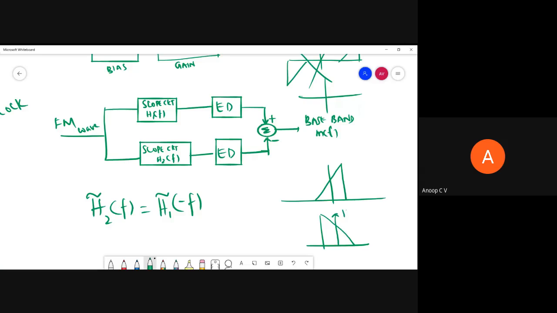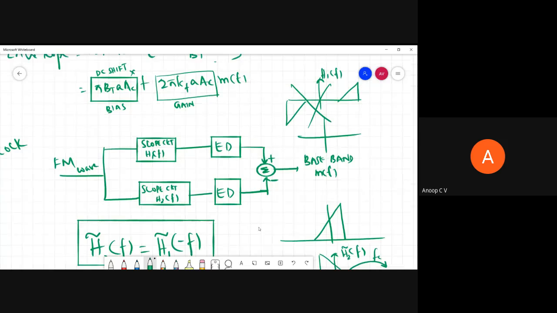So this will be H2 tilde of f. In order to get H2 of f, you should shift it right by an amount Fc, right? Please think of it. This is the condition which should be met by the frequency responses H2 tilde of f and H1 tilde of f, so that this DC bias part will be removed.